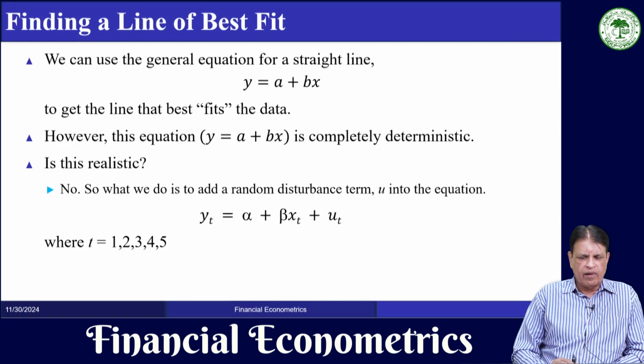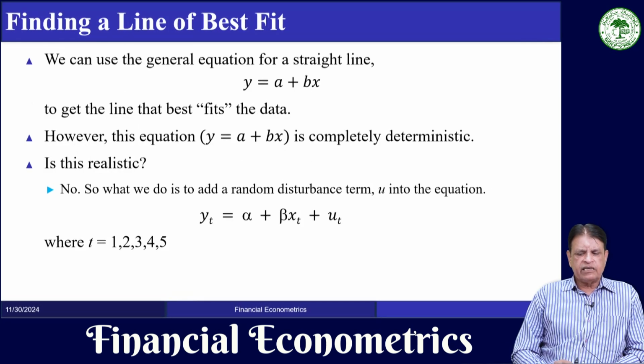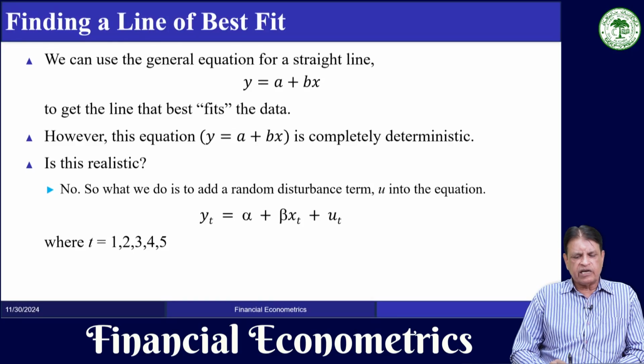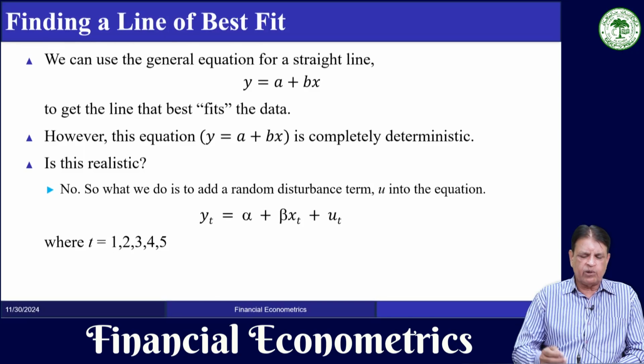Now we come to finding the best fit. We can use the general equation for a straight line to get the line that is the best fit. However, the equation is completely deterministic. Is this realistic? No, it is not realistic, as we have already told you, and because of this we use a random variable.